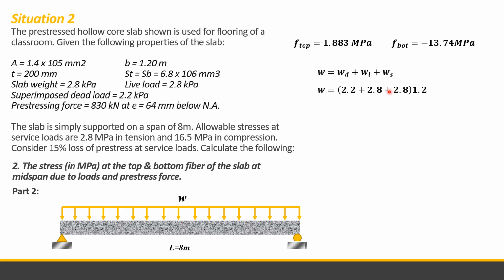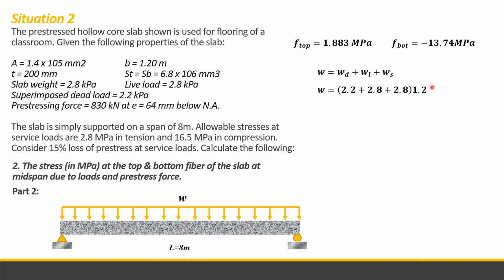So we just add them: 2.2 kPa due to dead load, 2.8 due to weight, and 2.8 due to live load.